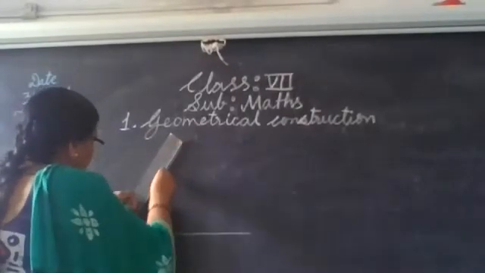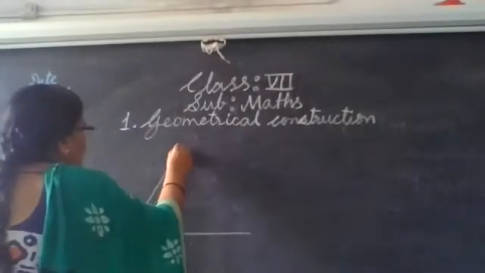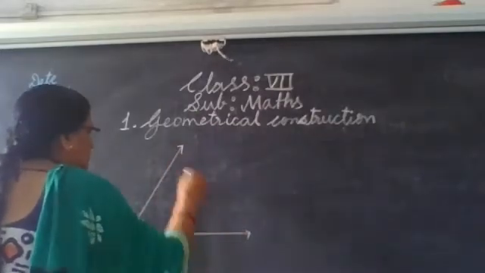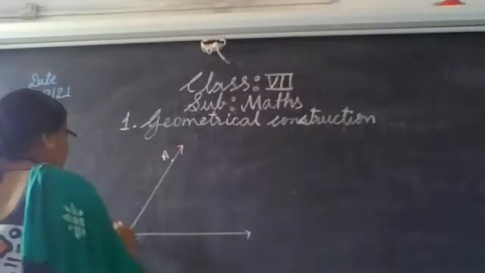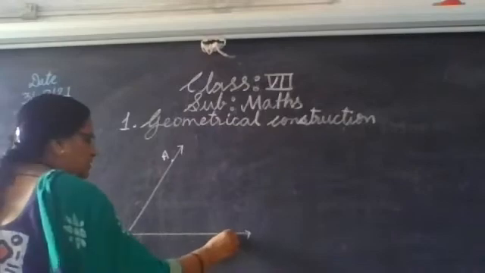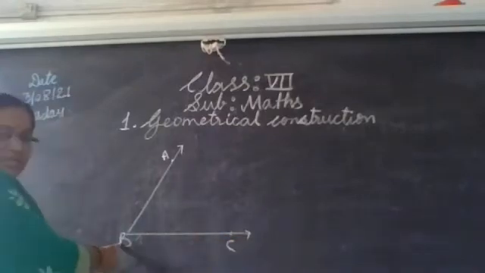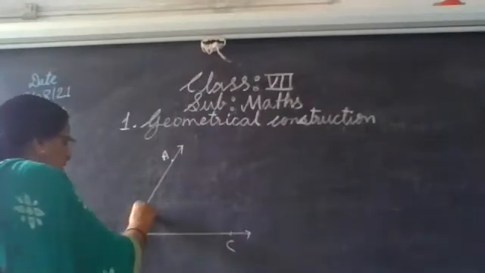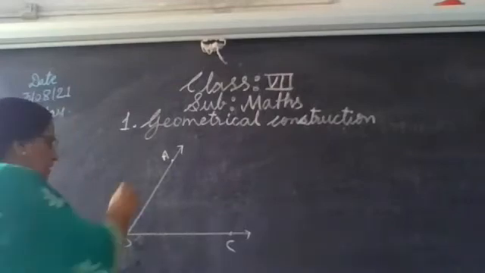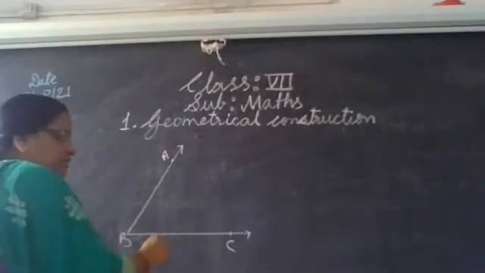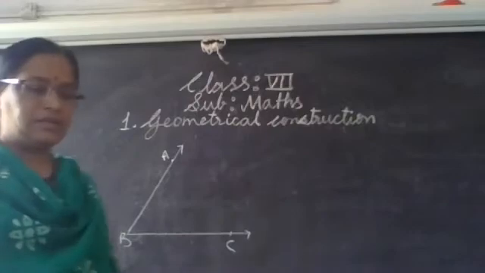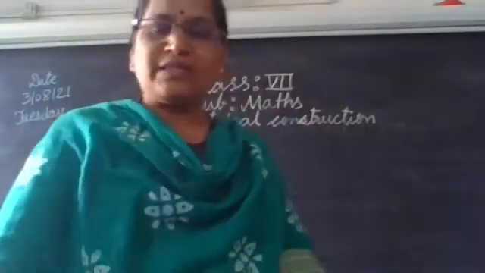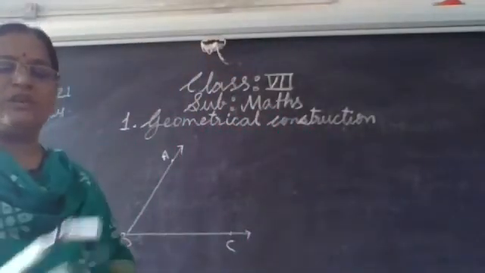And draw an angle of any measure. It is point A, B, and it is point C. B is the vertex of the angle. Here the angle is formed. BA and BC are the arms of the angle. So you have to bisect this angle into two equal parts.